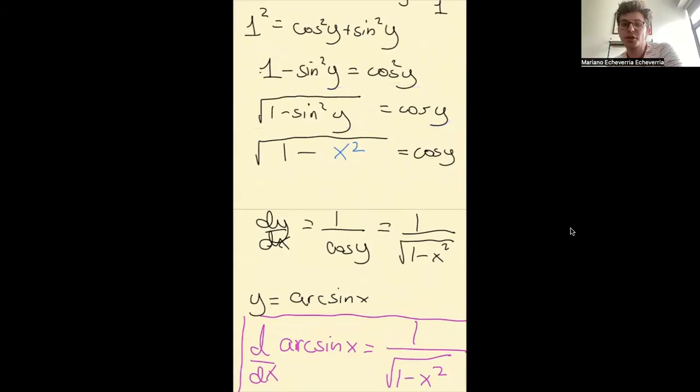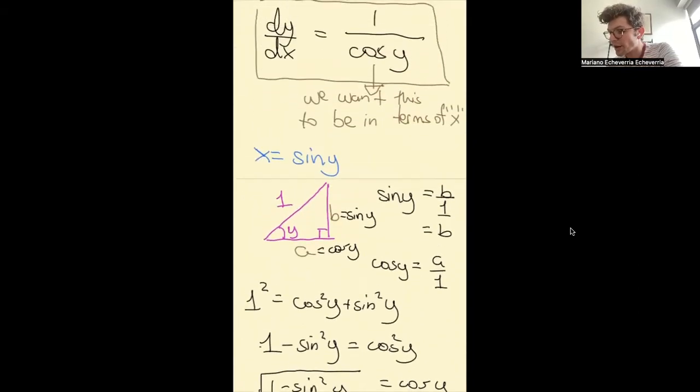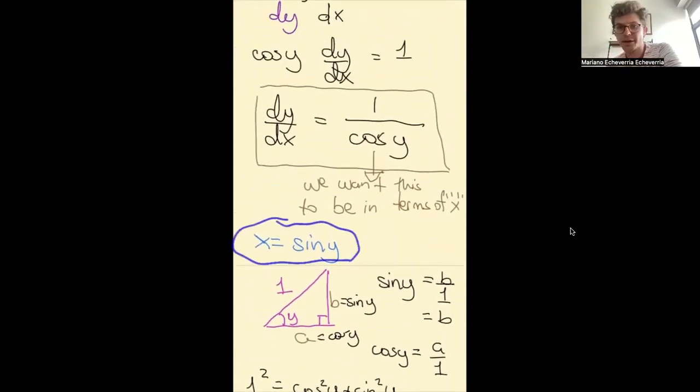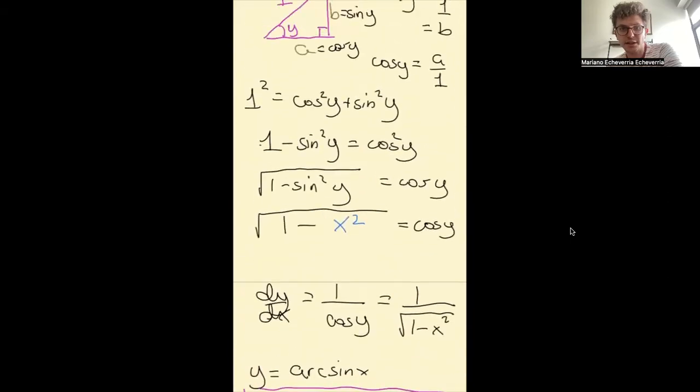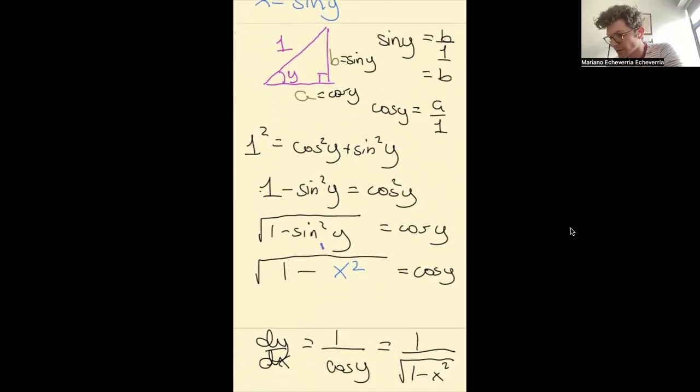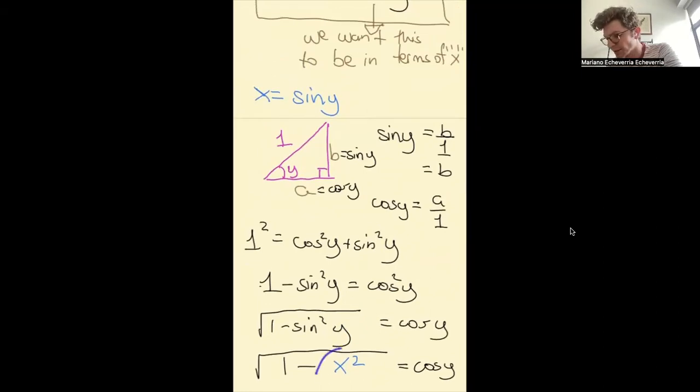The thing is that in this particular problem, if you look at the very beginning, we said x happened to be sine of y. So that's why I'm substituting that x here. I'm substituting the sine squared with x squared. Does that make sense? So you see, this is sine squared, but sine of y was x, so I'm squaring both sides to replace it as root of 1 minus x squared.